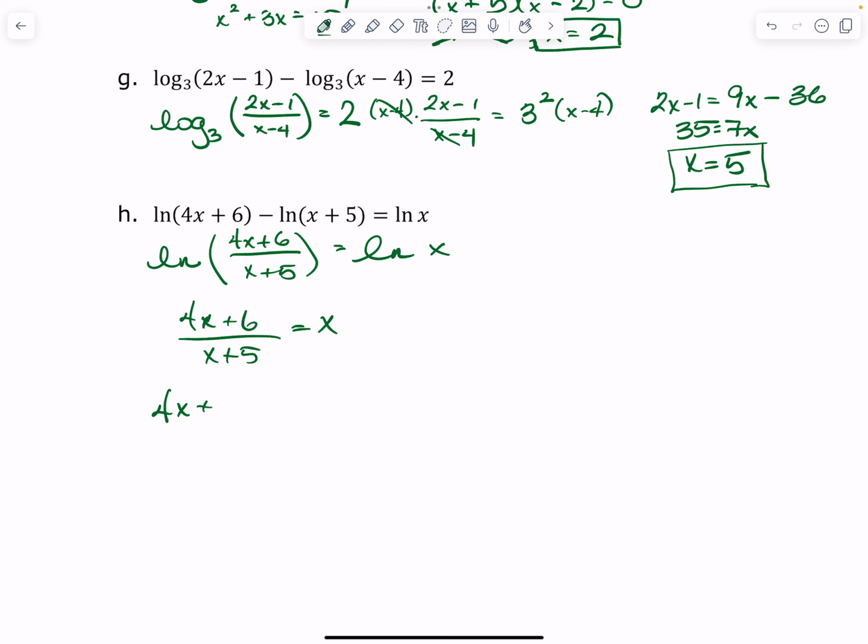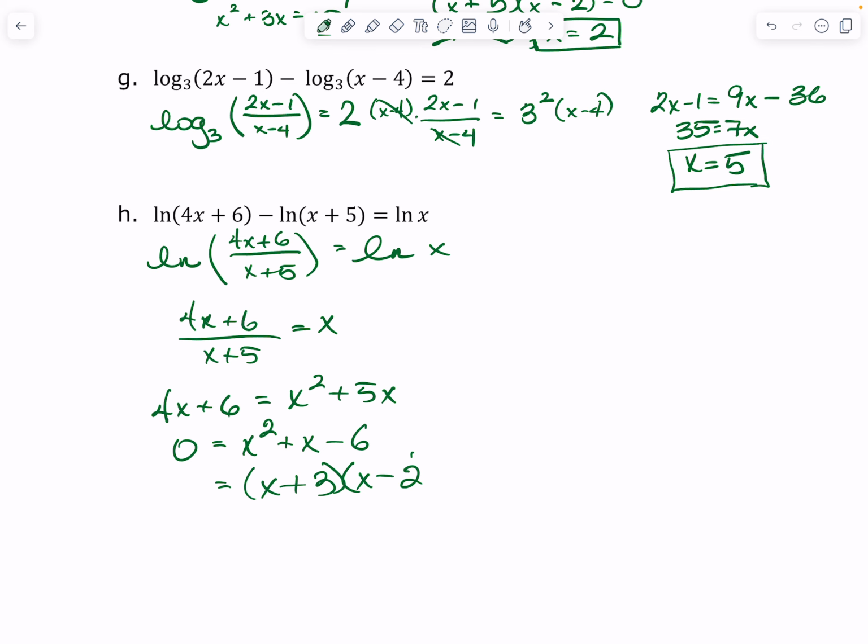I'm going to multiply both sides by that x plus 5 to get it out of the denominator. I'm going to move everything to the same side. And then I'm going to go ahead and factor. Oh my goodness.